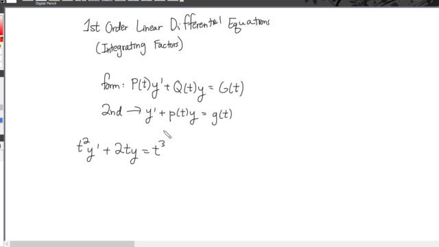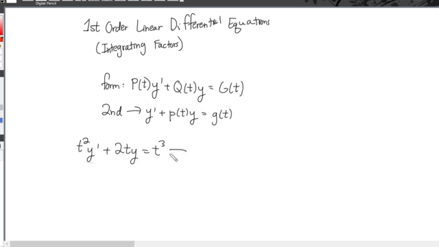So instead, if you look very carefully at the left side, you'll notice that 2t is the derivative of t squared, and y prime is obviously, by definition, the derivative of y. So you can see that this is actually a product rule differentiation.